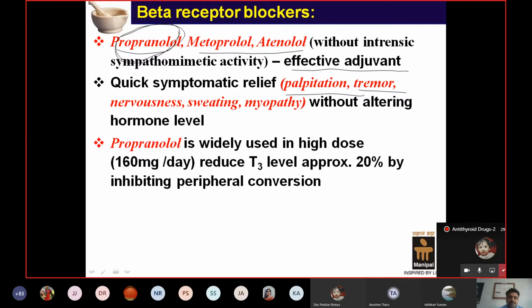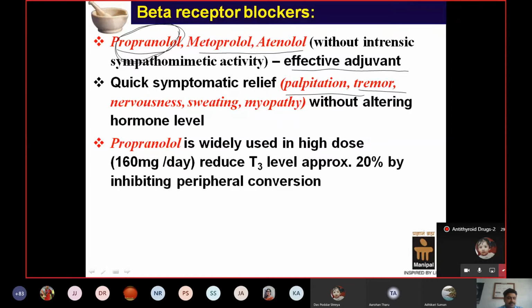I have already said propranolol is preferred. Now, why is it preferred? In hyperthyroidism, the dose of propranolol is high, like 160 milligram per day, and it could even be increased up to 320 milligram per day.